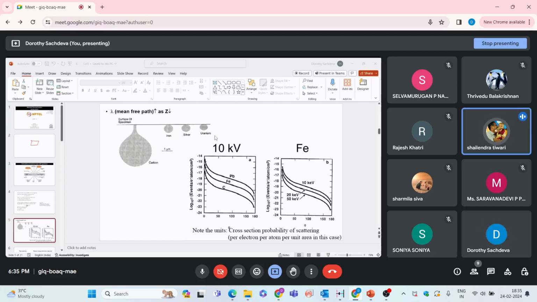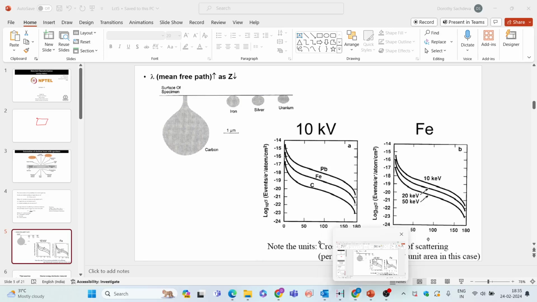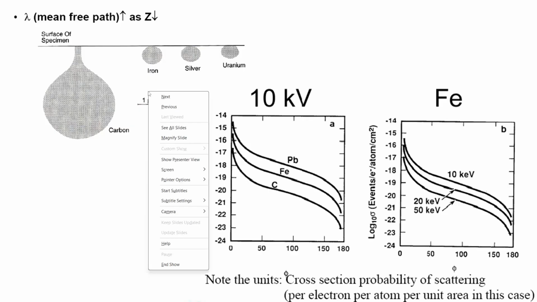In a previous slide, can you go there? We have given a statement about energy and volume, atomic number and interaction volume. Can you see the PPT? Yes, in the previous slide one statement is there. I want to go to that statement.